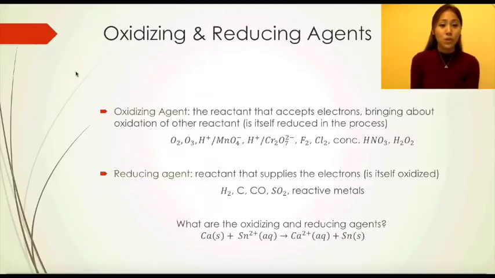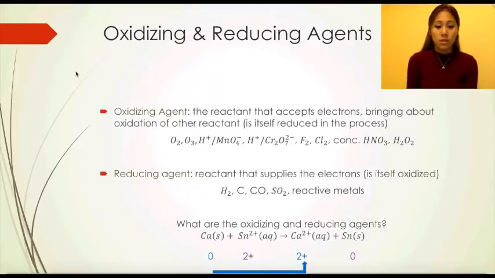All right, so from this, let's start by writing out the oxidation states. Calcium in its elemental state is assigned a 0 oxidation state, and tin is 2+. We're able to see that calcium increases in oxidation state to 2+ in the products, and tin goes to 0.